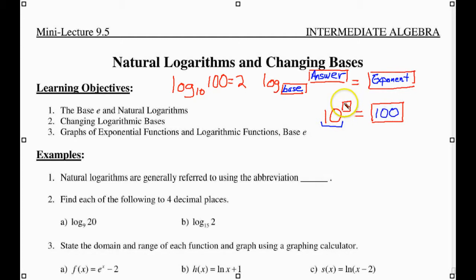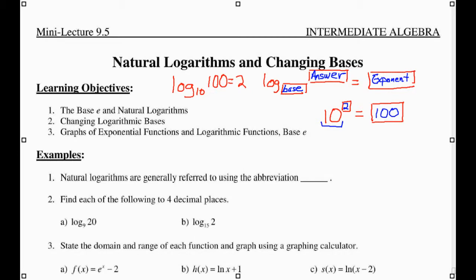And the answer is 2. So 2 is the exponent. We raise our base to get our answer. And logarithms are just another form of this.